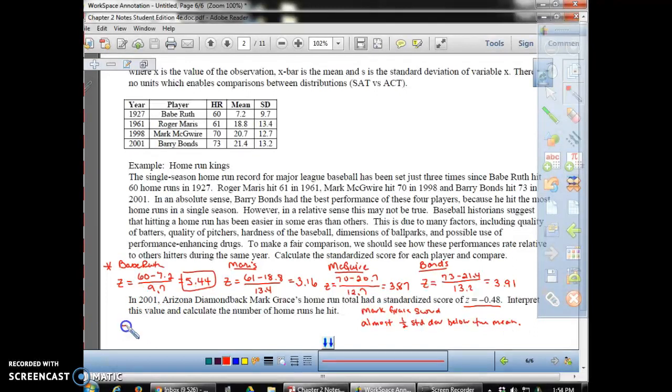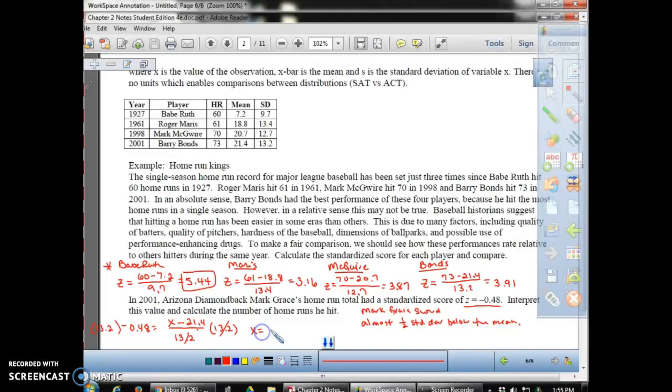So if I say the z of negative 0.48 is equal to x, which I don't know, that's what I'm trying to find, and he is from the time period 2001, so the average was 21.4 and the standard deviation was 13.2. What I'm going to do is start by multiplying both sides by 13.2. When I do that, these will cancel. I'd get this value on the left, and then I would add 21.4.